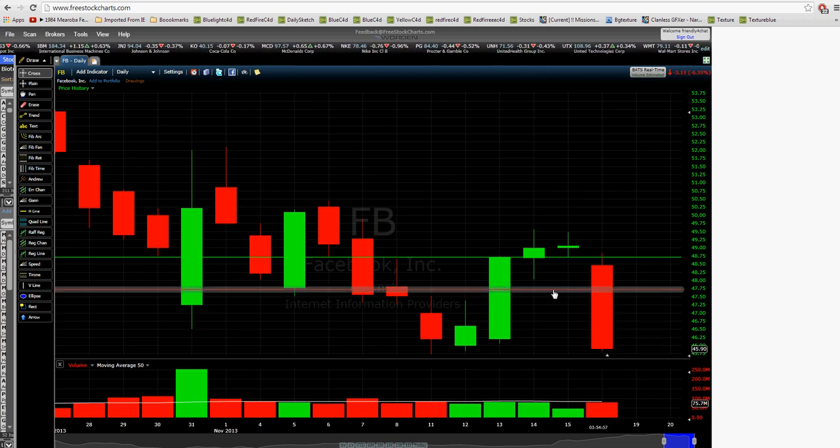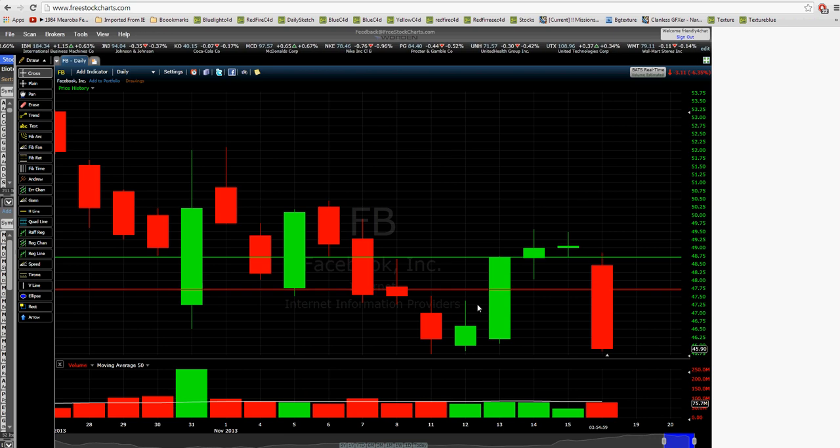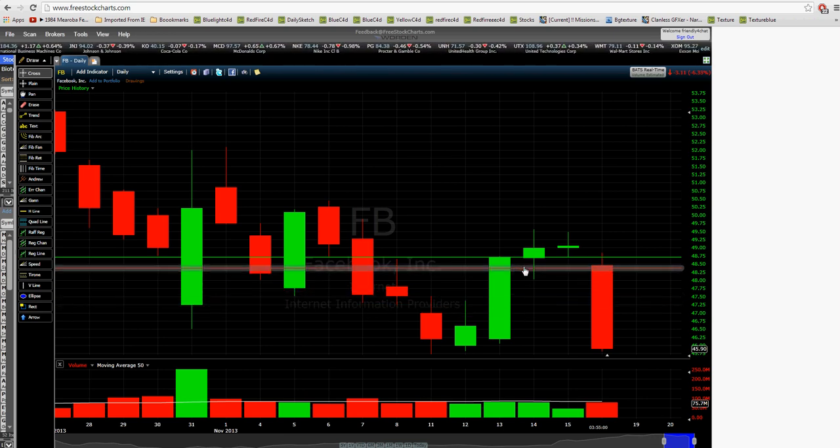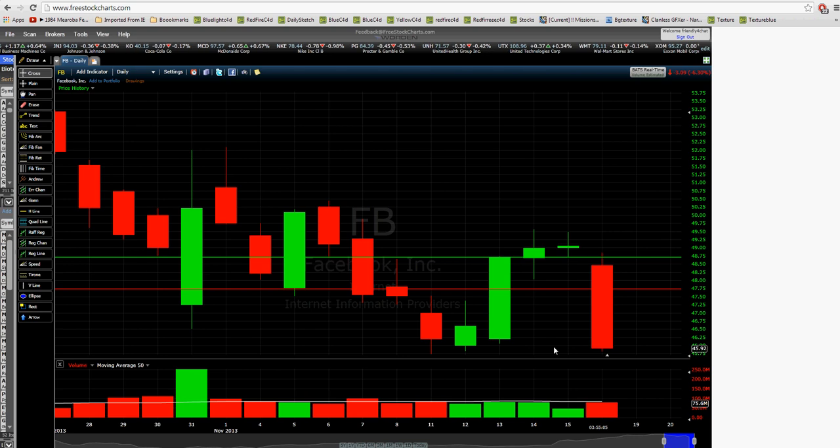So either way, you can use the percentage or you can use the dollar amount. It's up to you. Okay, so we go to the chart again, and for $1 we say that it is 48.71. You change it here to 47.71. Okay, this is your stop loss.